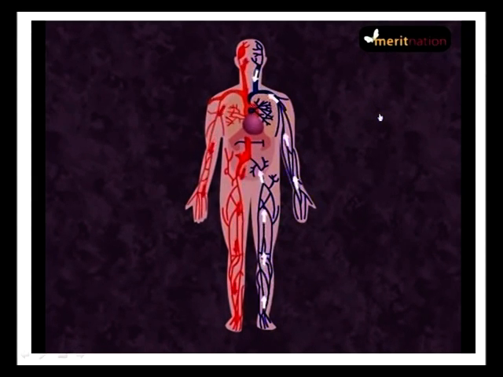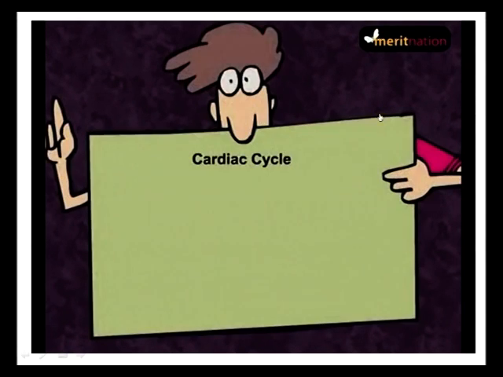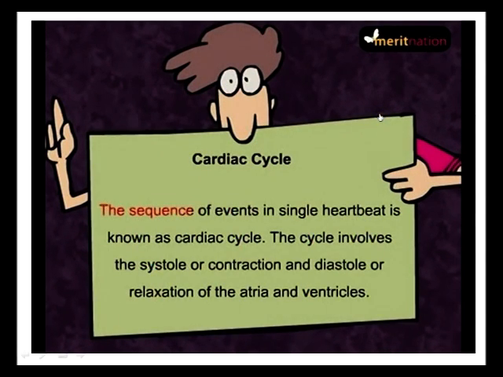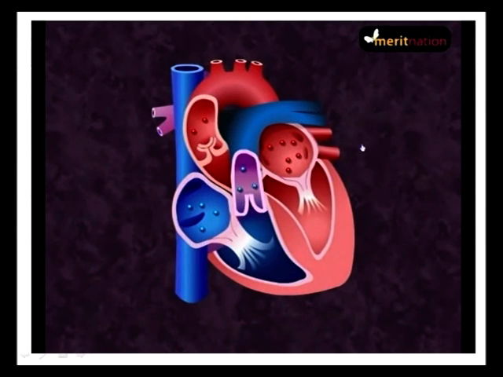So, now we see the cardiac cycle. Cardiac cycle means the sequence of events in a single heartbeat. This cycle involves the systole or contraction and diastole or relaxation of the atria and ventricles. This is the definition of the cardiac cycle, the events that occur from the beginning of one heartbeat to the beginning of the next heartbeat.